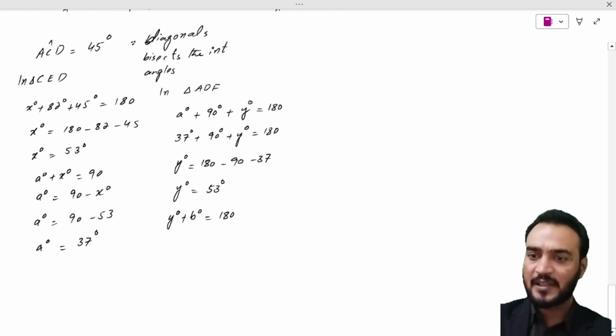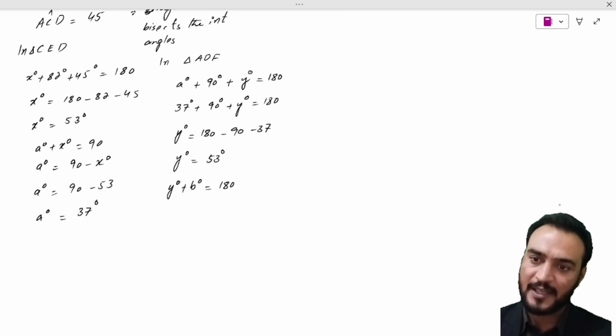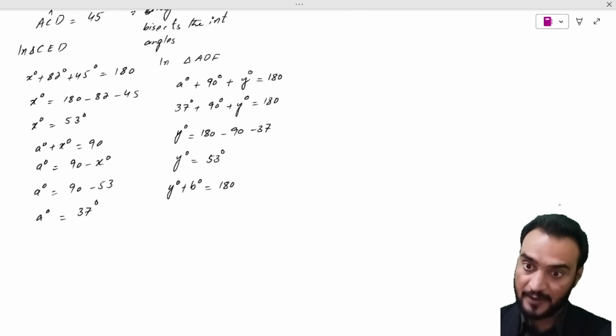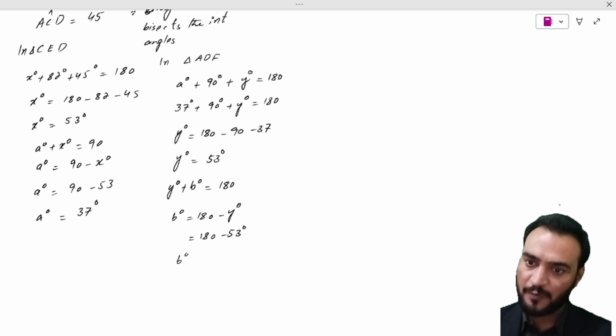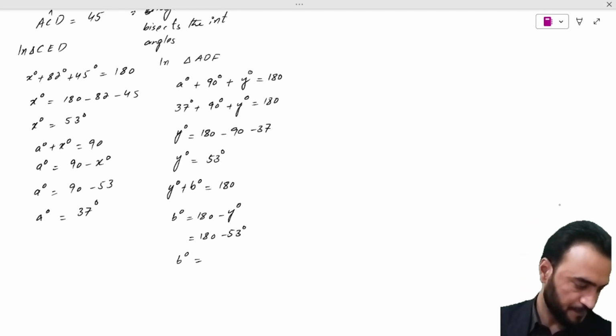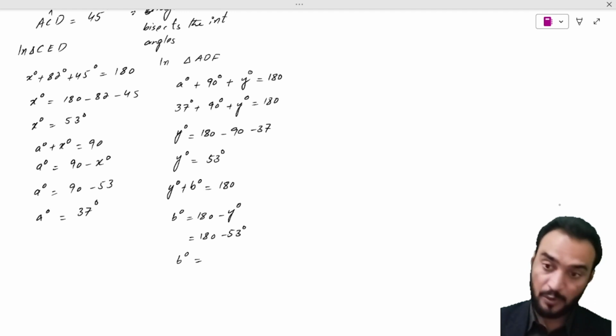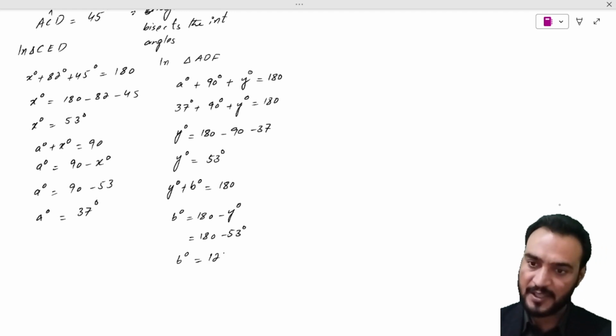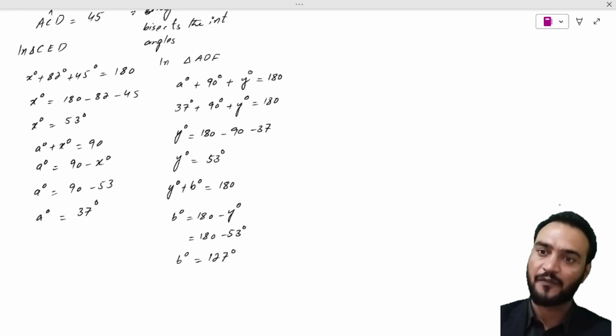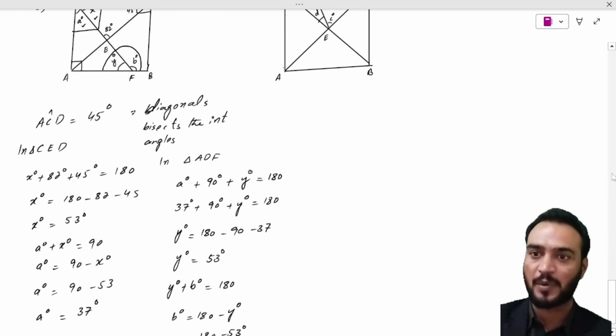We will subtract y degrees from 180 degrees to get the value of b degrees, which is 180 minus y degrees, equal to 180 minus 53 degrees, and the value of b degrees is equal to 127 degrees. Hence we have found the value of the unknown in this part.